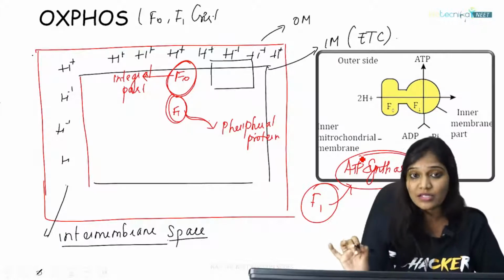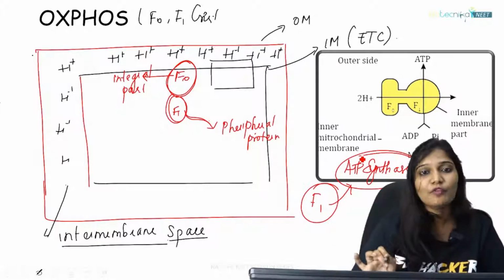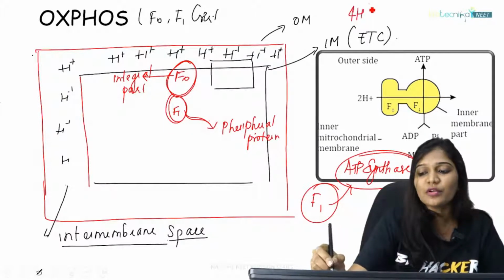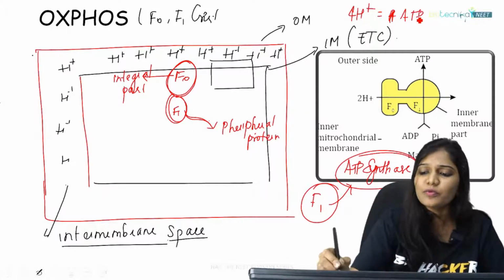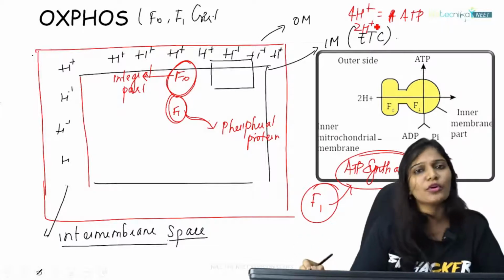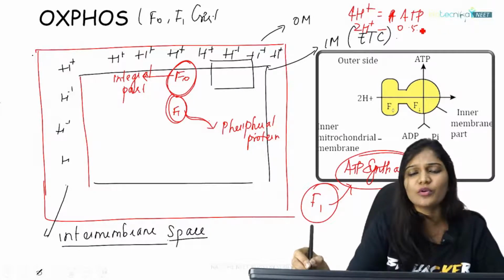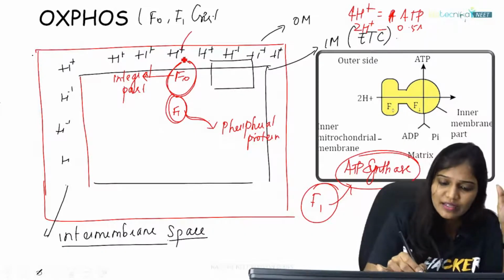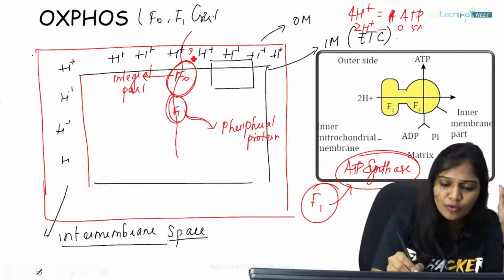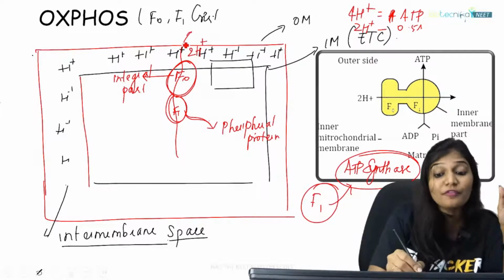Now what's going to happen is, two protons will come, but for our calculation, we take 4 protons giving 1 ATP. Usually, whenever it is pushed through, only 2 protons go, which gives 0.5 ATP. But for our understanding, I'm just going to write it this way. So 2 protons will come over with energy.